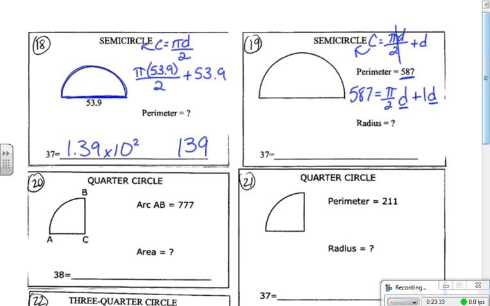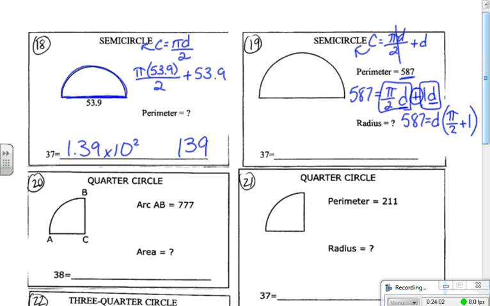We can factor out the d. So we have 587 is equal to d times, and then we're going to divide each part that we have here by d. So take this section. If we divide it by d, we're left with just pi over 2. And if we take just this section and divide it by d, we're left with just 1.